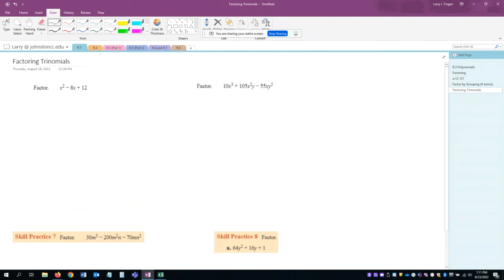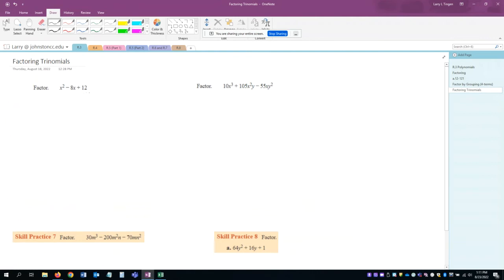So factoring trinomials. All right, so let's get started over here with an easy case. I have a trinomial, x squared minus 8x plus 12. It's a trinomial because it's got 3 terms in it. And what do I need to do? Well, if this is going to factor, it is going to factor into 2 binomials. There's no first step in factoring.